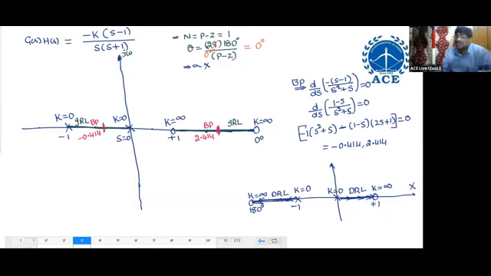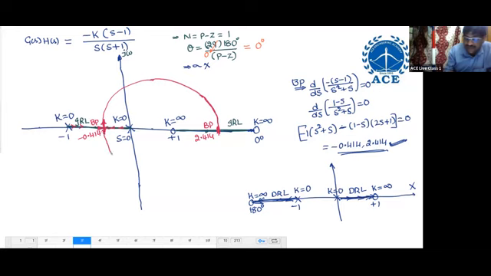These two breakpoints are valid for inverse root locus, one here and one here. Now draw the diagram. As K increases, both the poles move in opposite directions, then collide. After colliding, they leave the real axis, then turn toward the right and enter at the breakpoint.